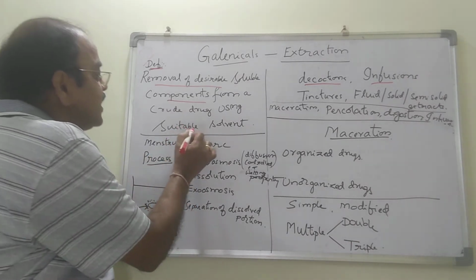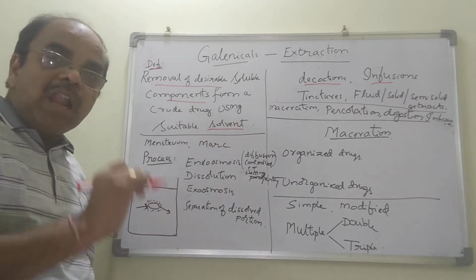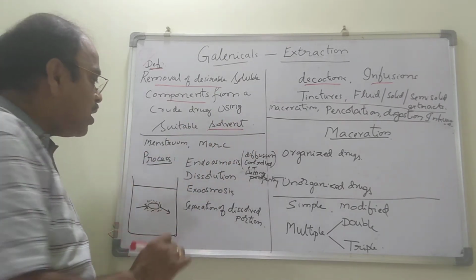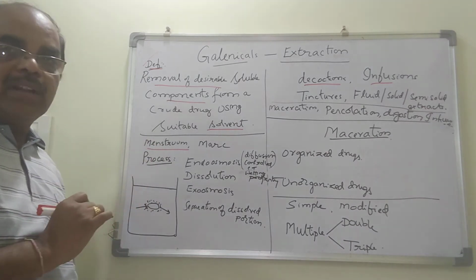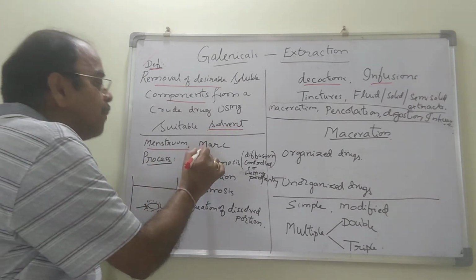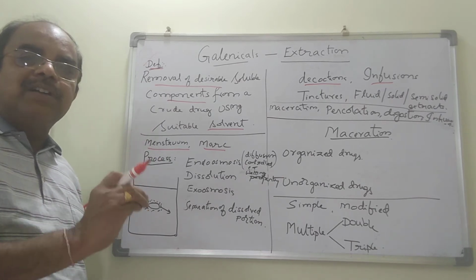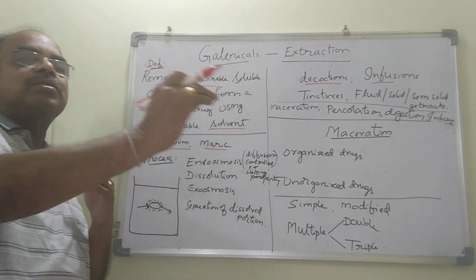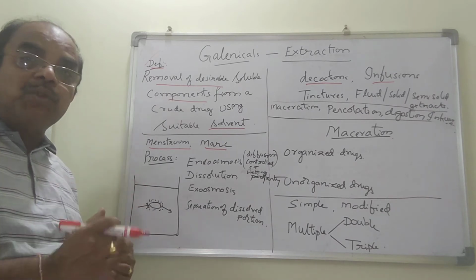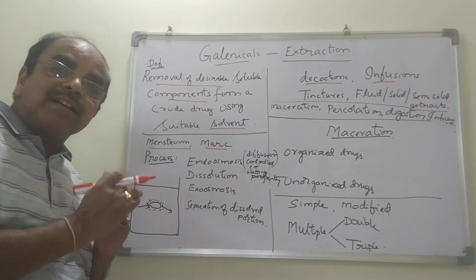Here, it said suitable solvent. The solvent in the extraction process is called the menstruum. And marc is the material, the residue, left over after the extraction process is completed.